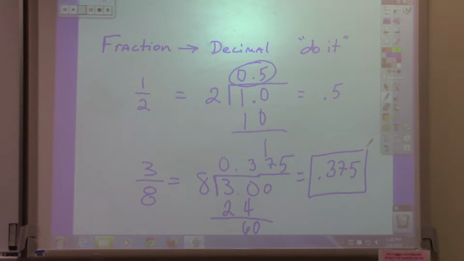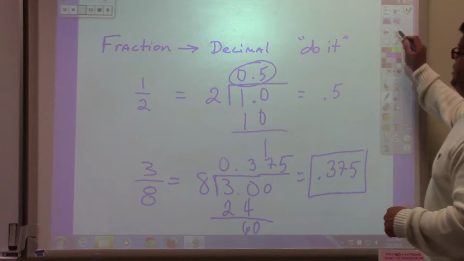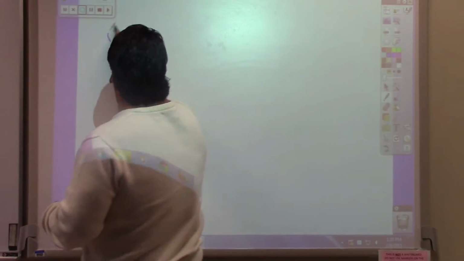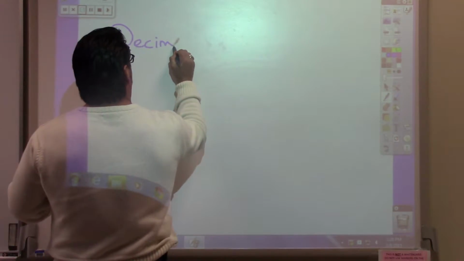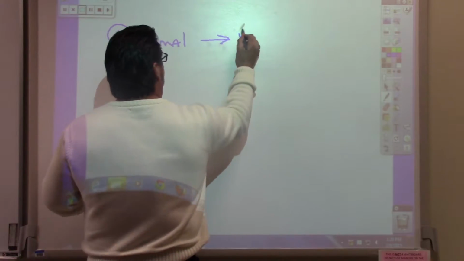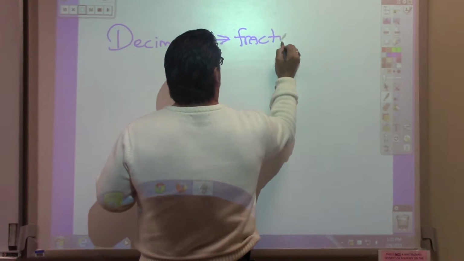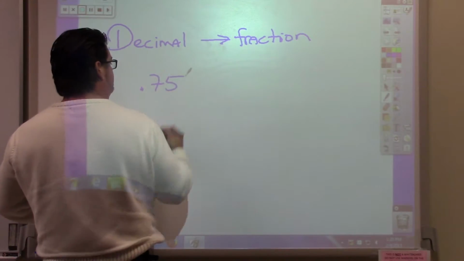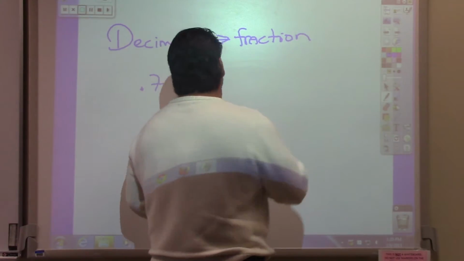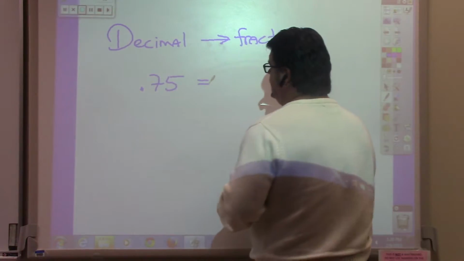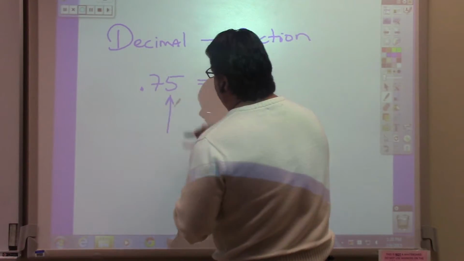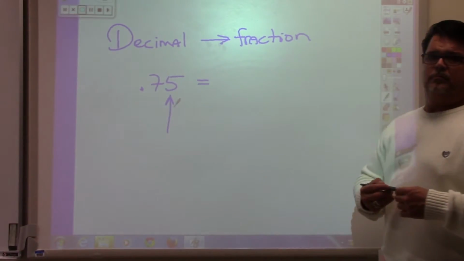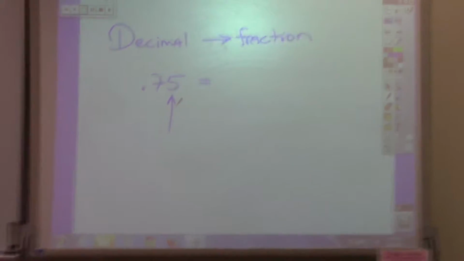Well, how do you make a decimal into a fraction? Well, you got to remember your place value. Okay? What place value is that 5 in? The thousandth, right?